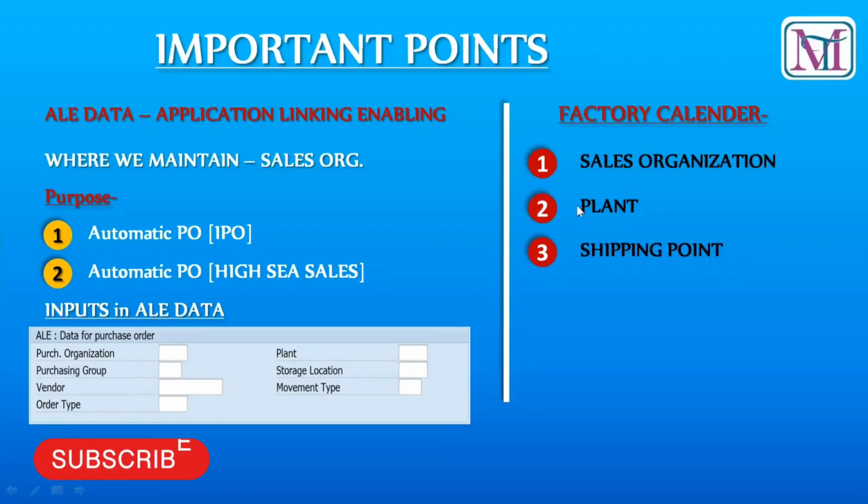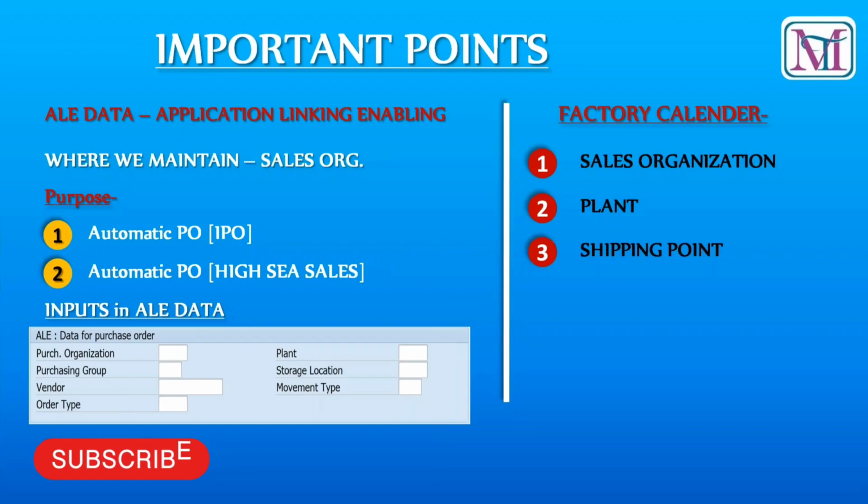Then next is the factory calendar. Guys, we maintain the factory calendar in 3 places: sales organization, plant, and shipping point. What is the purpose of the factory calendar, guys? In the factory calendar, we have the holiday calendar. So when our plant and office are closed, at that point of time the system will not perform any delivery scheduling.